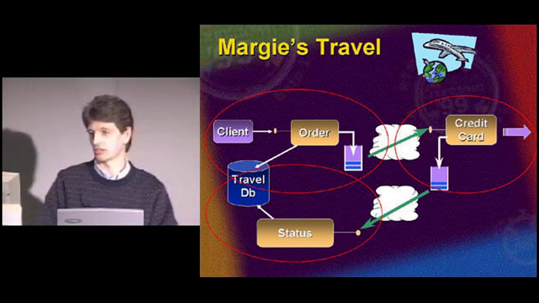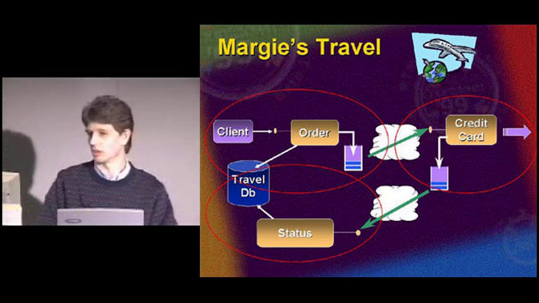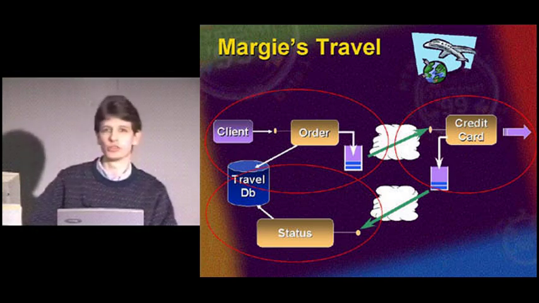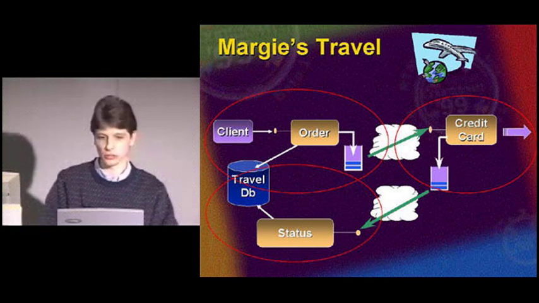So now the travel database contains the status of the order or the travel order that's been made. And so by viewing the travel database, you can see exactly what the status is. So that ties it back to the travel agency example, and is a good fit for where that might be used in that particular example.